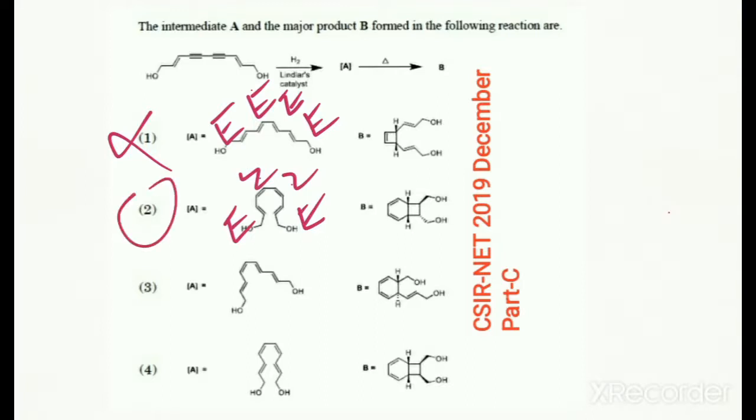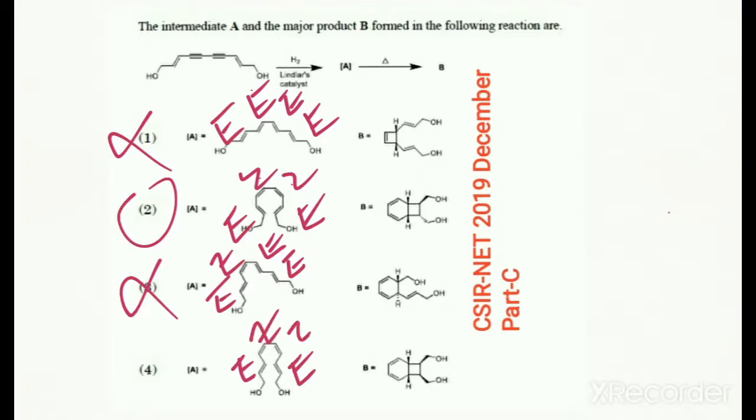And see guys, in option 3, the terminal will be E, but in the middle one is E and another one is Z, right? So this is also not the correct answer. In option 4, you can see the terminal is E, and the middle one will be Z or cis. So this also may be the correct answer. So option 2 and option 4, one of them is the correct answer.